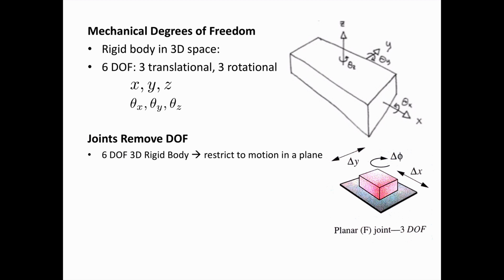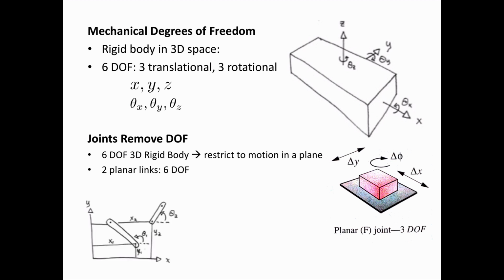A 6 degree of freedom 3D rigid body, if we were to have it up against a plane, that planar joint is going to remove 3 degrees of freedom. It prevents 2 types of rotation, and it also prevents vertical translation. So the only 3 degrees of freedom left are 2 translation and 1 rotational degree of freedom. Here's another example, another way of looking at this concept of joints removing degrees of freedom.